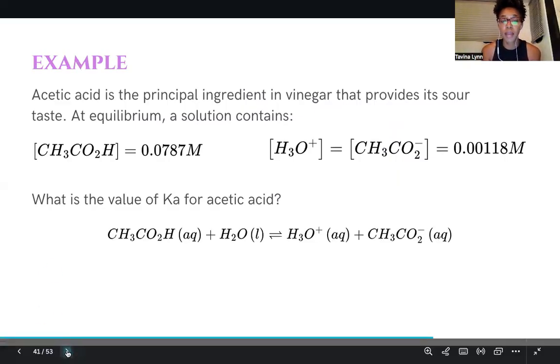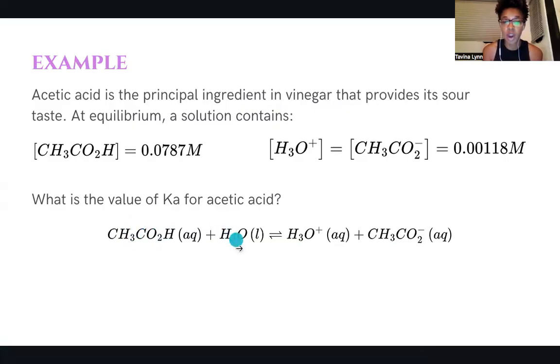So the first step, we want to write our equilibrium reaction, like what is happening, right? To make sure that we have our stoichiometric coefficients correct. So this is acetic acid. When it is dissolved in water, it will form, right? So acetic acid, it's an acid. So it is donating a proton to water.